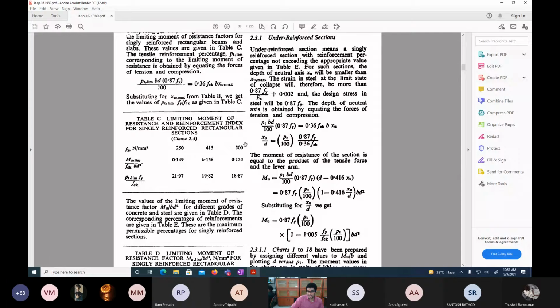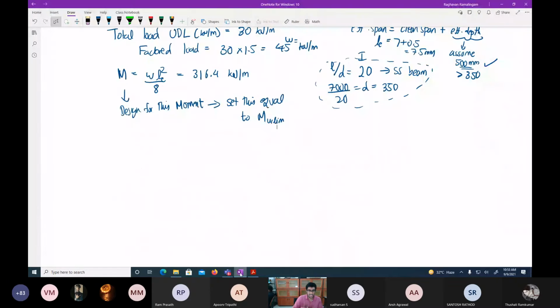Here I have used Fe 500, so Mu limit equals 0.133 fck b d square. I set my moment equal to 0.133 fck b d square.